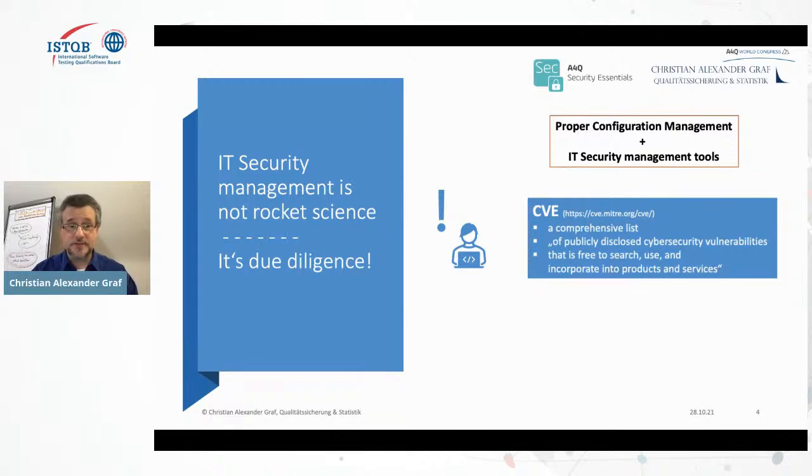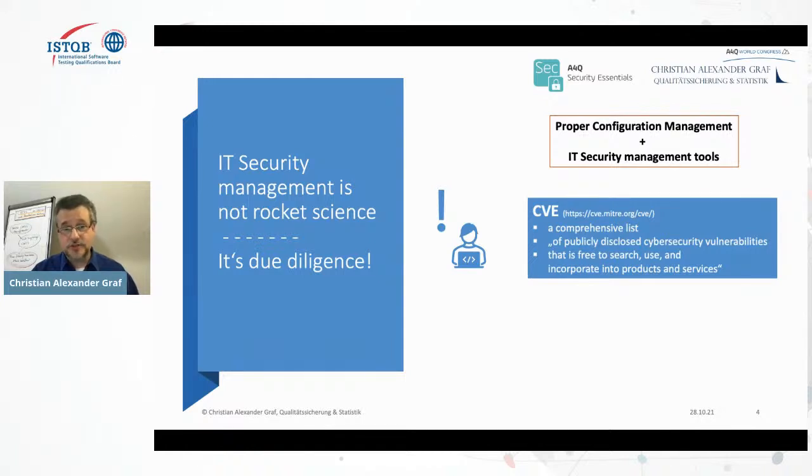If you have such a list, you can actually use an IT security management tool that references your current versions of tools and services and servers and whatever you are using, and compares it with the CVE list to see if there are, with the versions you are using, any vulnerabilities. Then you get an alarm, or depending on how you set up your system, you may even get automated updates for your vulnerable system. So actually, you can get rid of a lot of trouble just by proper due diligence.